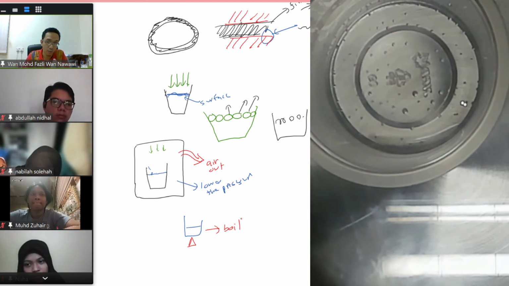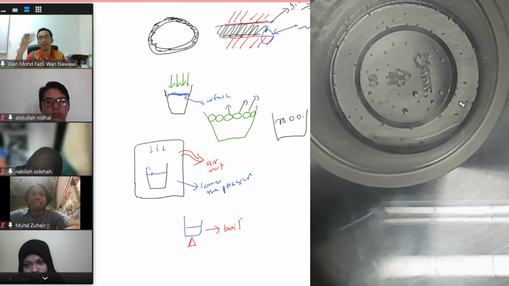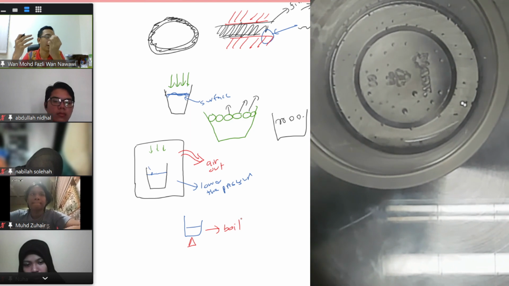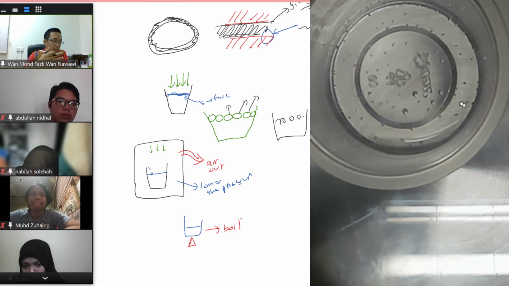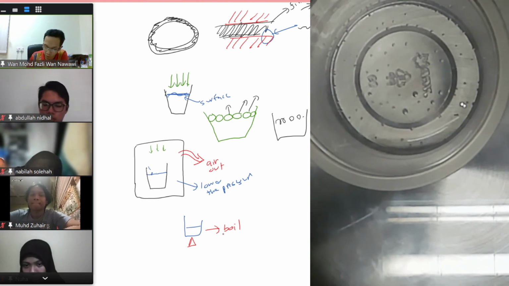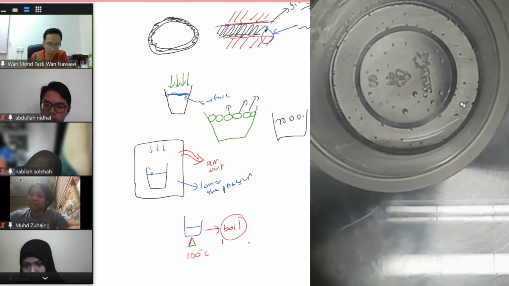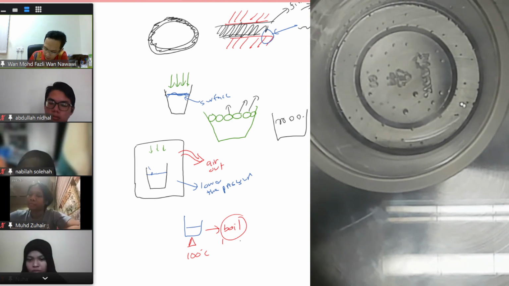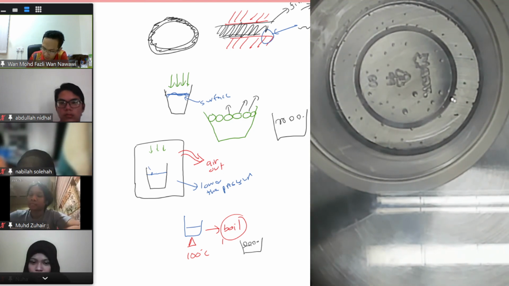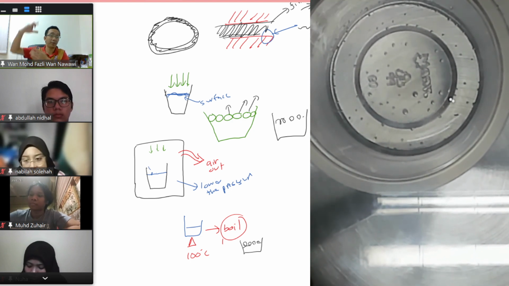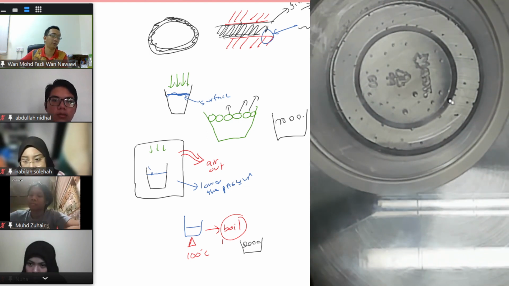But when the pressure is low, you can boil the water below 100 Celsius, because in the normal situation, in the kitchen, you need 100 Celsius to see boiling, meaning you have bubbles. But if you go somewhere up, for example in the mountain where the pressure is low, it is as if inside the vacuum chamber, but not as strong as in the vacuum chamber.